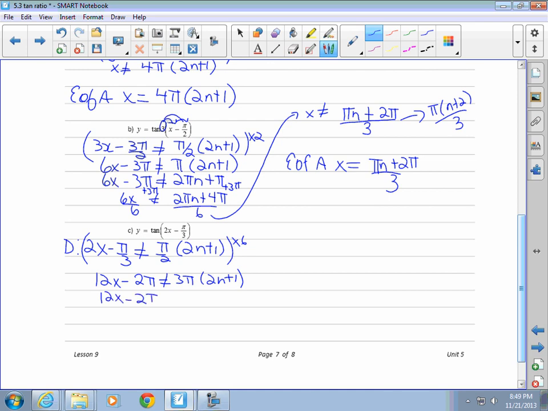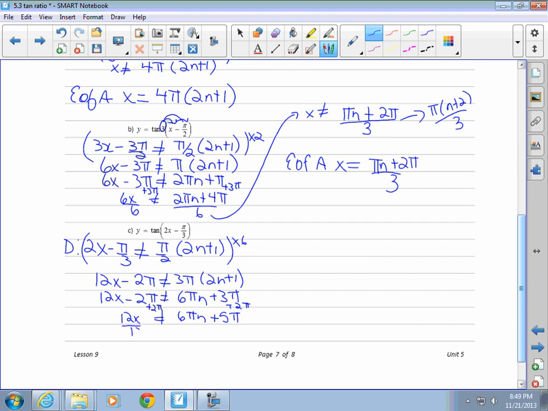12x minus 2 pi is not equal to 6 pi n plus 3 pi. Move my 2 pi over. So I have 12x is not equal to 6 pi n plus 5 pi.